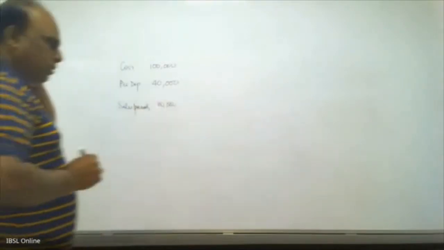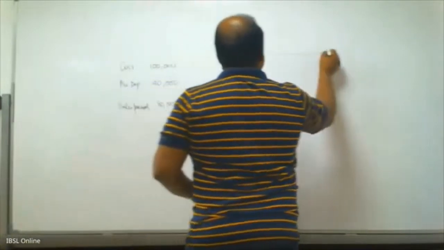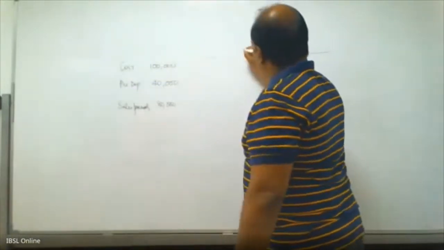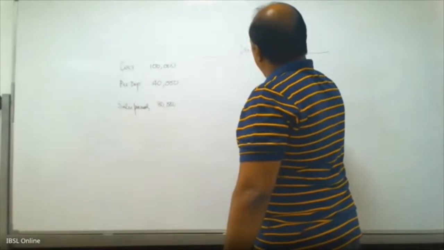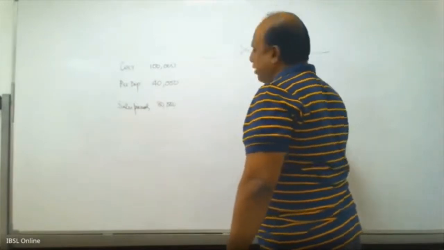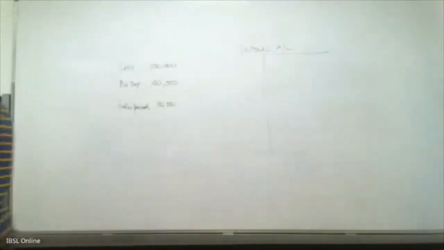Right. Now let us do the disposal of fixed asset account. Disposal account. You are going to tell me the double entries. What is the first entry? Cost of the machinery.